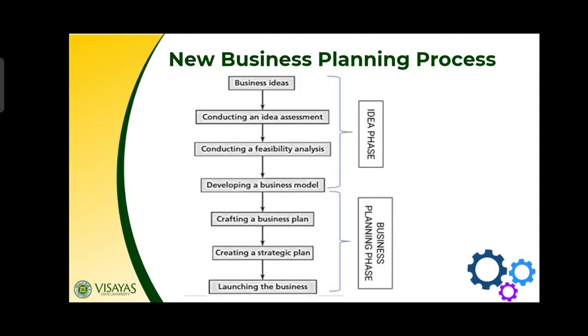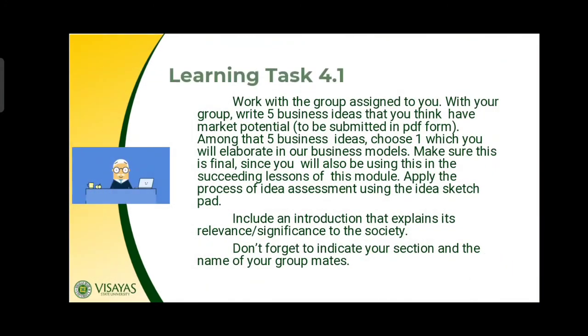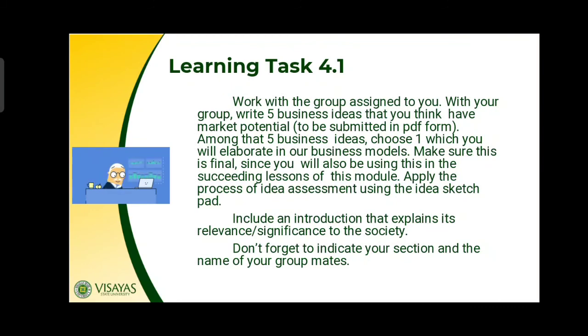For your learning task, you will work with the group which is assigned to you, and within your group, please write 5 business ideas, or a business venture, or a product or a service that you think you may offer to a specific market. List it in Word form, and then submit this in PDF form.